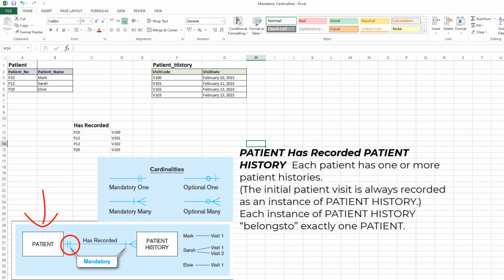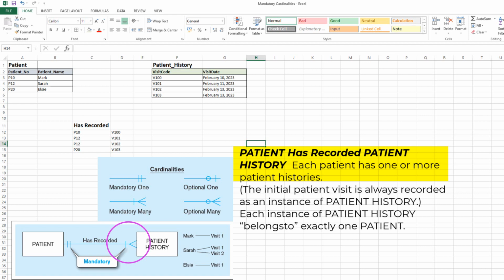I will say patient has recorded patient history, and each patient has one or more patient histories. That is represented by one horizontal line and the crow's foot. So that means a patient may have one, mandatory one or more.